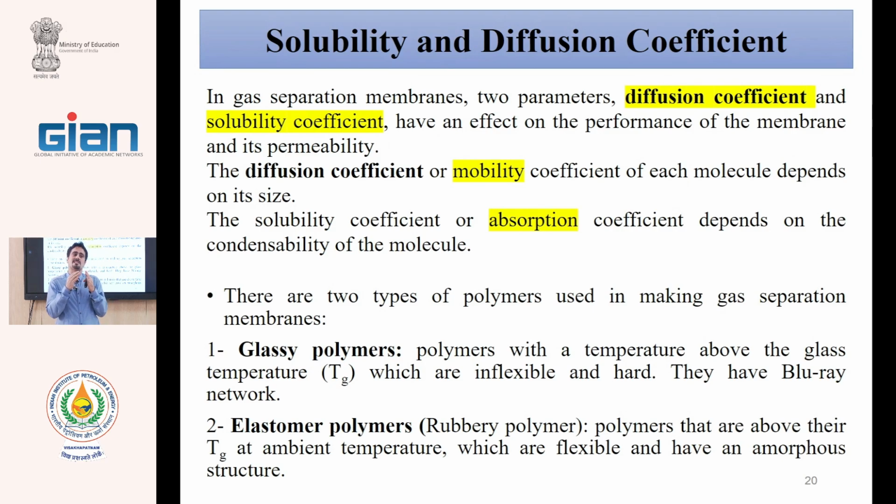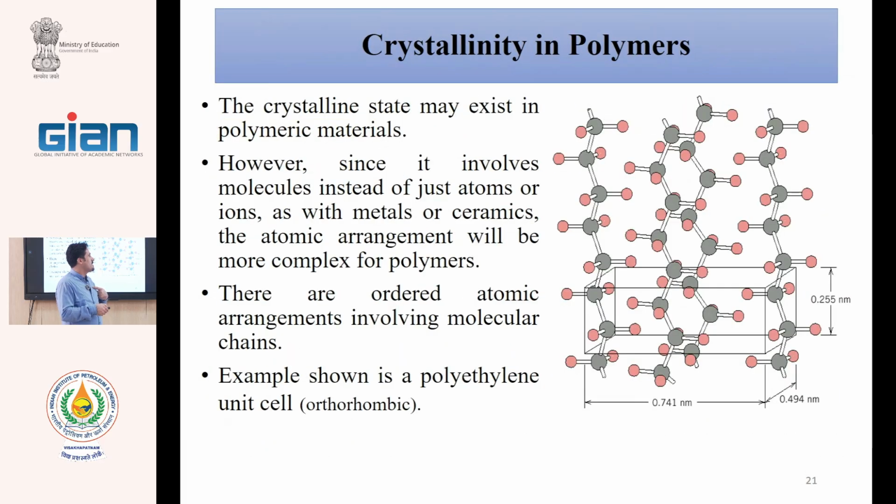And we have a crystalline behavior. That means we have crystal units and an interaction between the chains. Mostly when we have a hydrogen bond between the polymer chains, we have a semi-crystalline property. This crystallinity reduces the flexibility, and when we prepare a membrane from glassy polymers, we have rigid pores, and the pores are not changed.